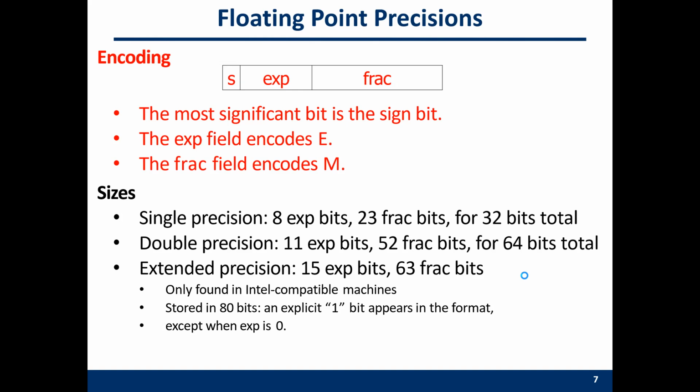The single precision has 32 bits total. So 1 bit for the sign, then the exponent, and the fraction. You can also use double precision; a double variable has 64 bits.